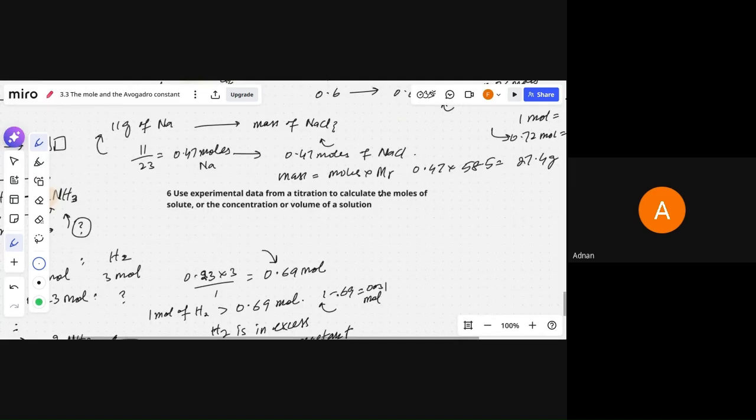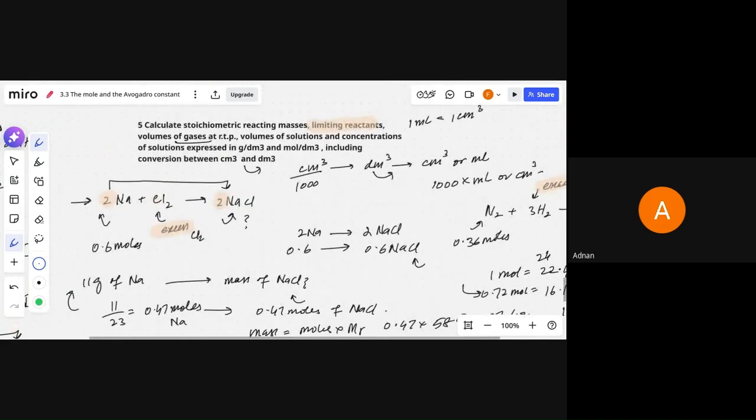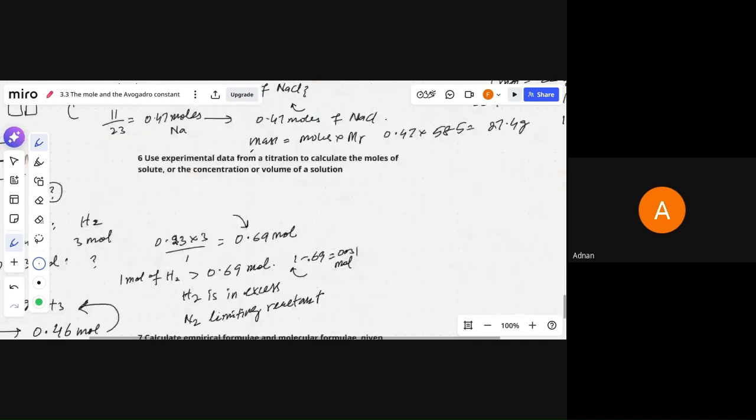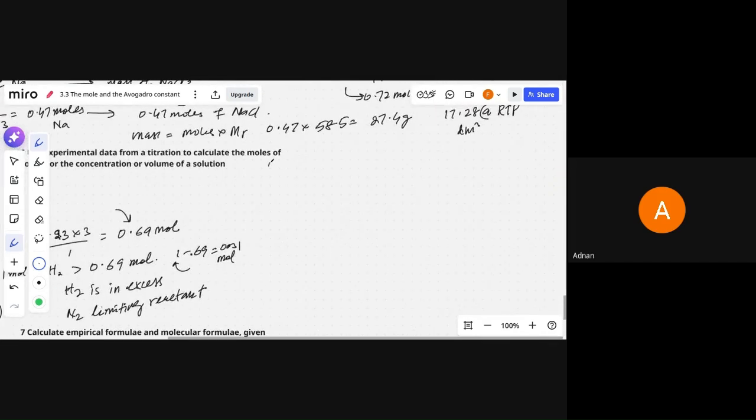from a titration to calculate the moles of solute, the concentration, or the volume of a solution. I'm combining this topic with the one that covers volumes and concentrations of solutions. Now let me write a question for you, and then I'll explain it accordingly.